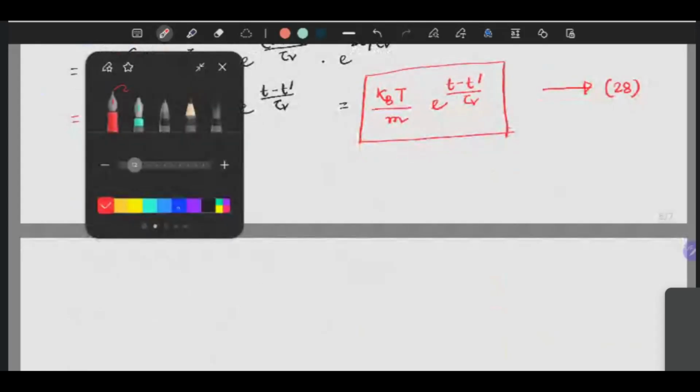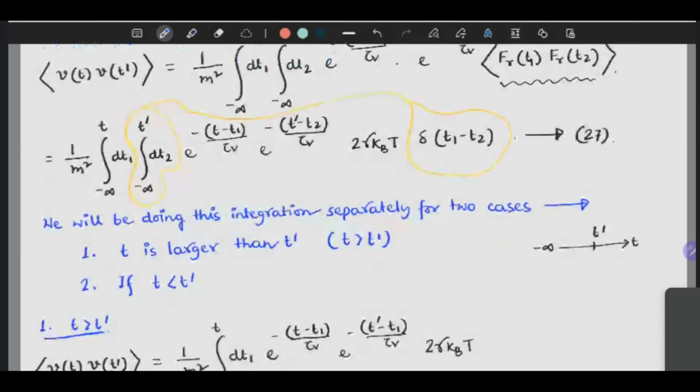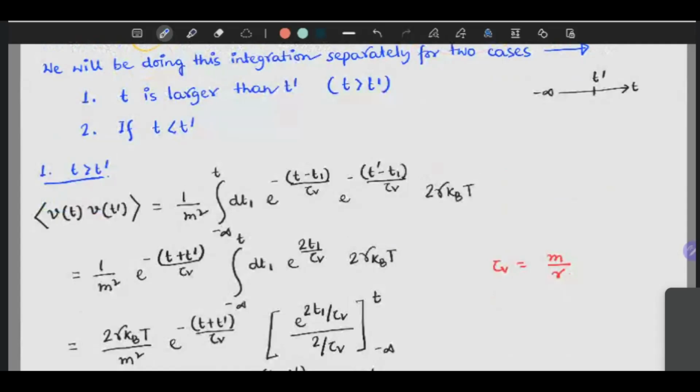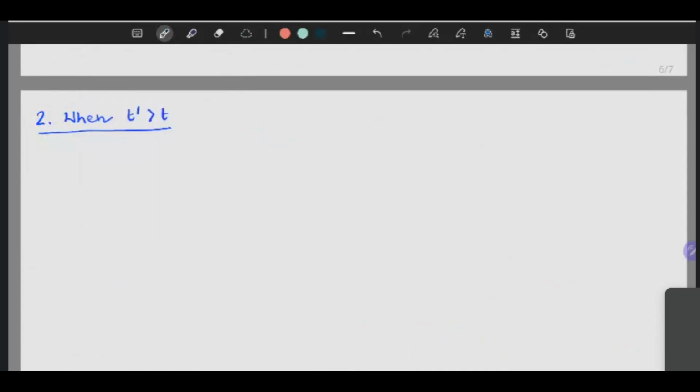Now the second thing, when t prime is greater than t. There we can write, same thing here, we did this thing, there we will do this integration first. So for this relation, I will take from here vt prime.